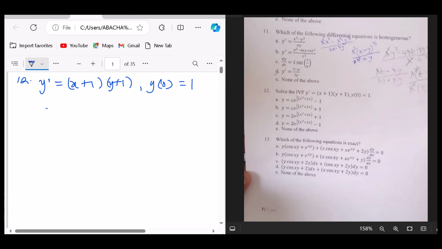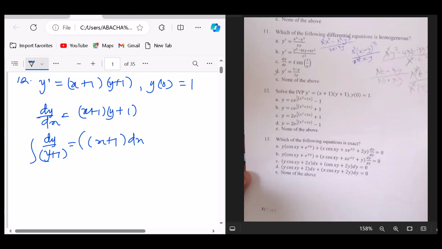So here we can write it as dy/dx equals x plus 1 times y plus 1, which is separable. We can separate: dy over y plus 1 equals x plus 1 dx.